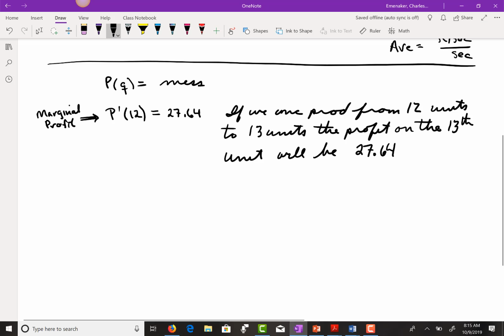Now, depending on the scenario, this could just be dollars. This could be hundreds of dollars, thousands of dollars, $1,000,000, whatever it might be. But there are several things I want to point out here.